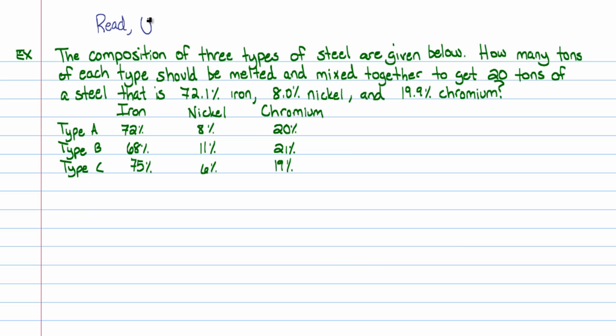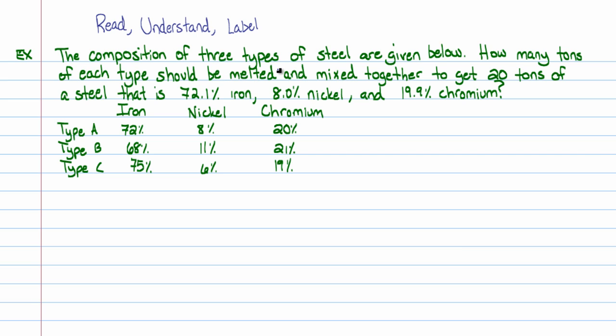So I think I understand that. But the most important part of solving a problem like this is to label your unknowns properly. So it's asking us how many tons of each type should be melted and mixed together. That's what they want to know.